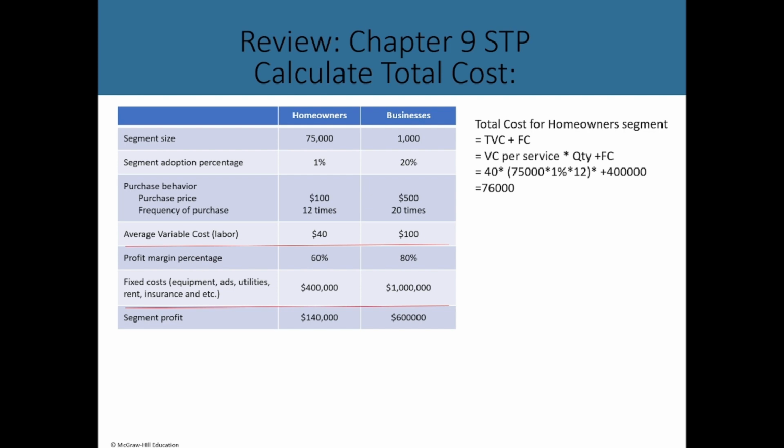So the fixed cost for serving the business segment is $1 million, which is much higher than the fixed cost of serving the homeowners segment, which is $400,000.